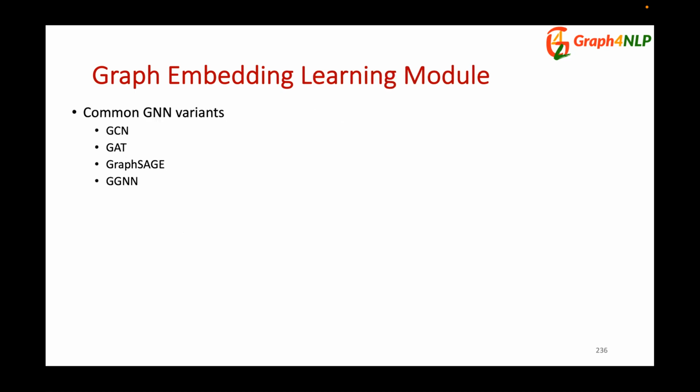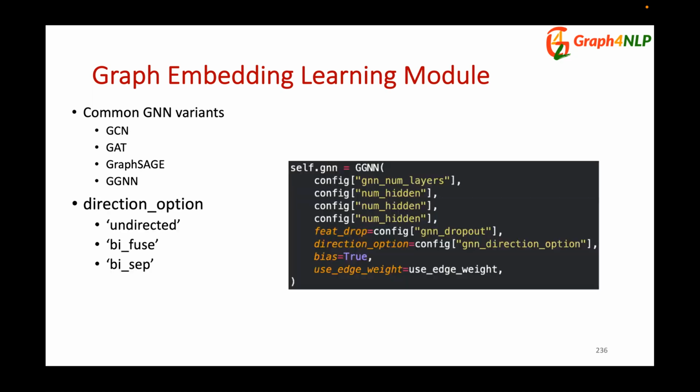Next I'll talk about the graph embedding learning module. This is also a very important module. Here we provide some common GNN variants like GCN, GAT, GraphSAGE, and GGNN. For each type of GNN we provide, we have an important parameter, which is the direction option.